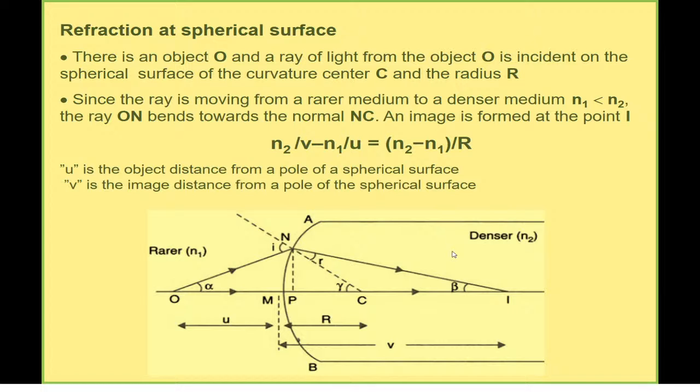So this is absolutely strongly determined. u is the object distance from the pole of a spherical surface, and v is the image distance from the pole of the spherical surface.